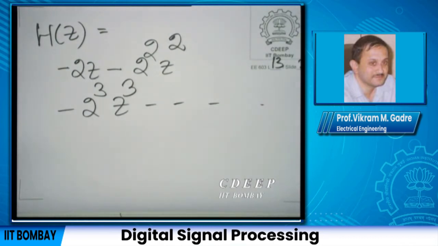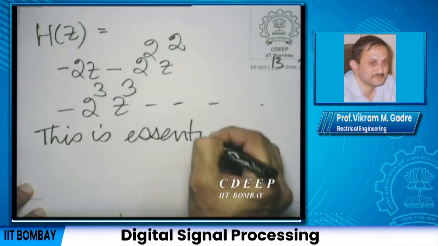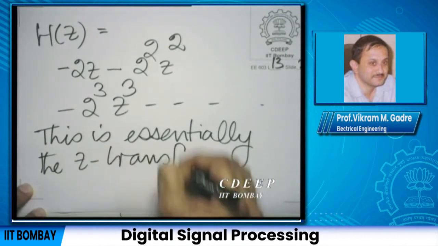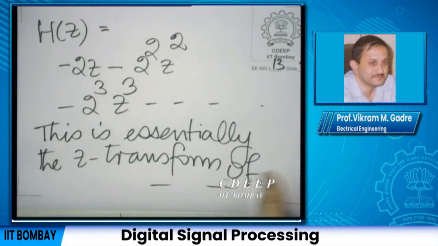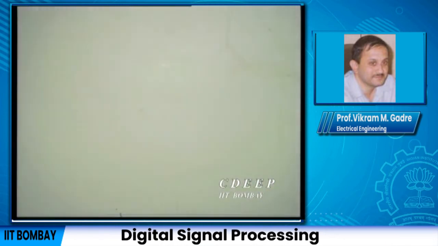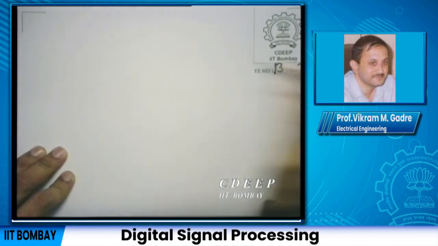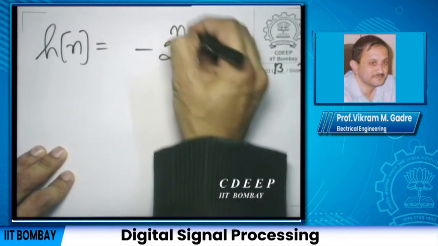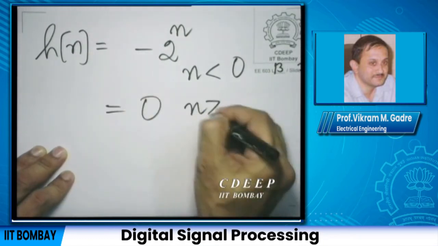And it is very easy to see that this is essentially the z transform of the sequence h[n] equal to minus 2 raised to the power of n for n less than 0 strictly, and 0 for n greater than or equal to 0.